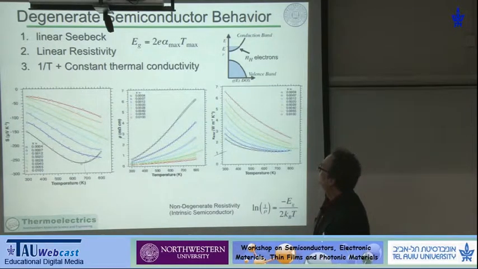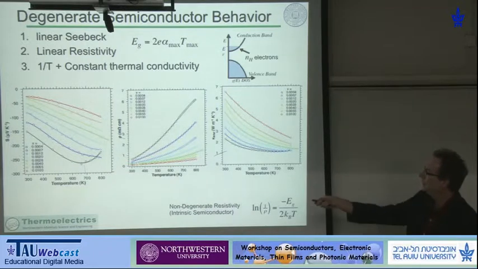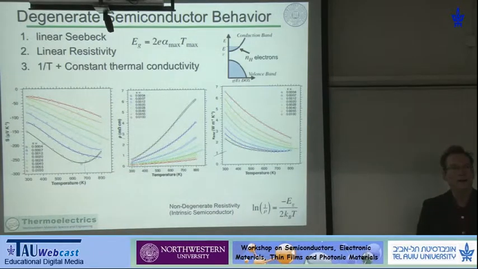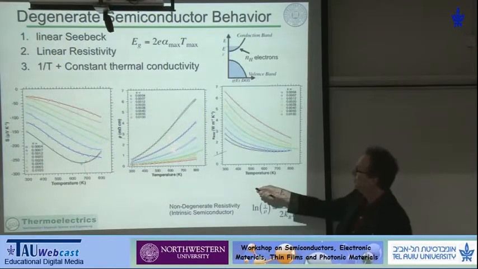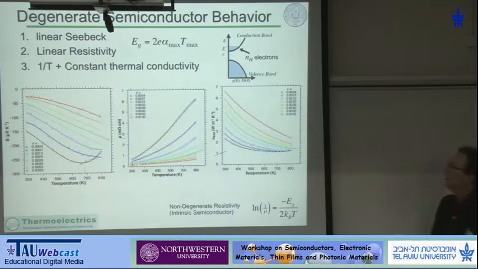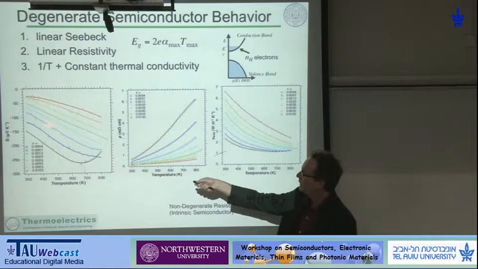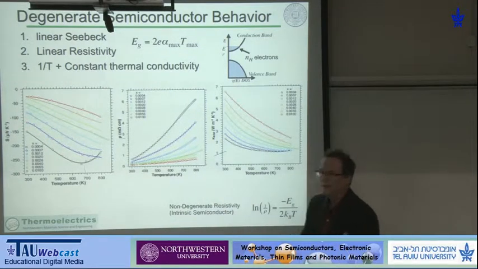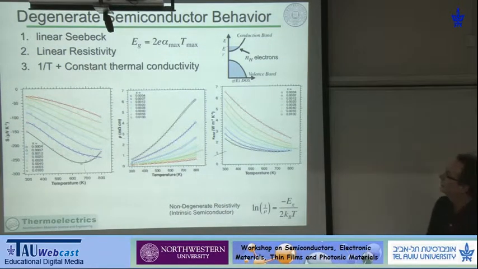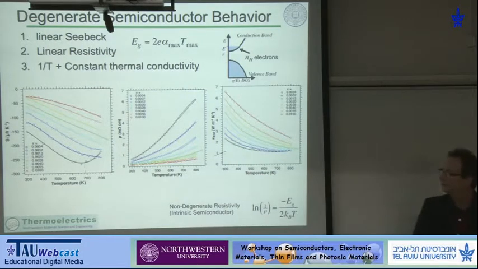Now, these materials have resistivities which are increasing with temperature, and so these are heavily doped semiconductors that look almost like metals. Through this doping, we can adjust their resistivities, and then we get Seebeck coefficients that are also relatively large and also change linearly, and this is typical, again, also of a degenerate semiconductor.